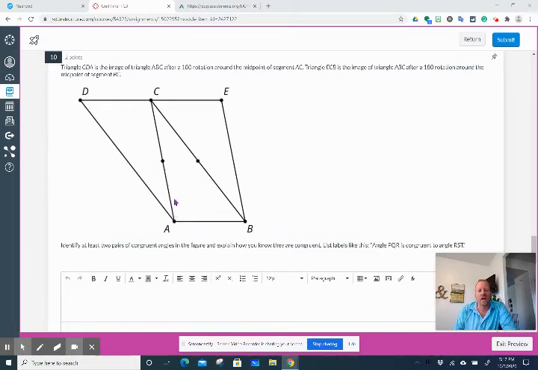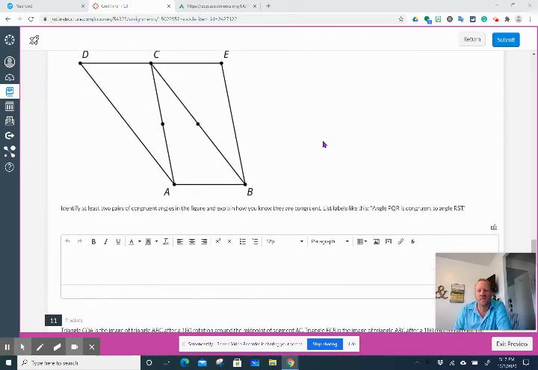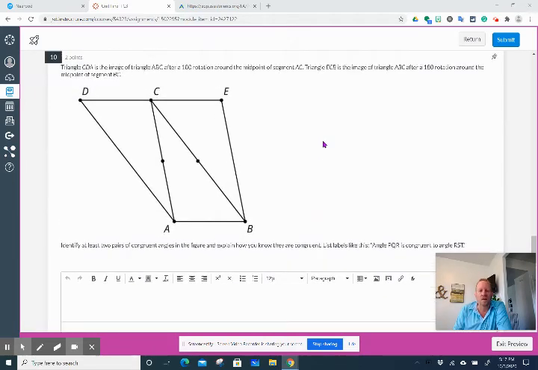I could say ACB is the same as BCE. The key to this one is, remember, you always have to have the angle in the middle. The actual angle is in the middle of your letters. So in this case, A, where it starts, C, where the angle is, B, where the angle stops.